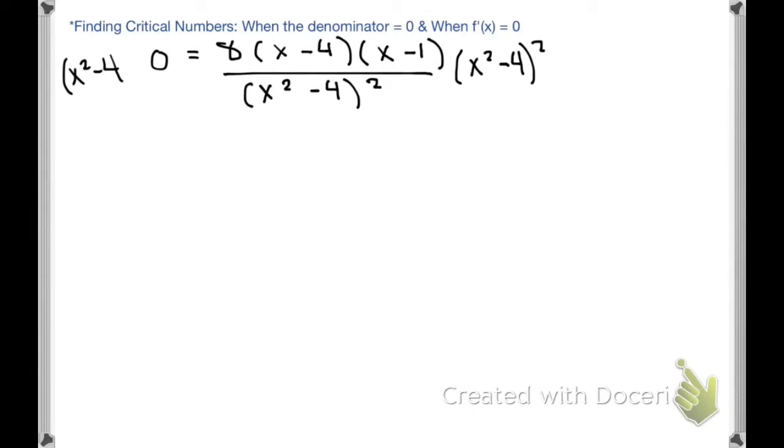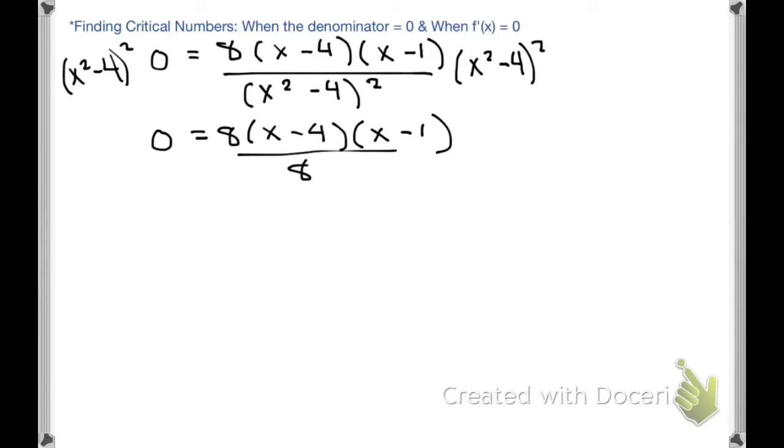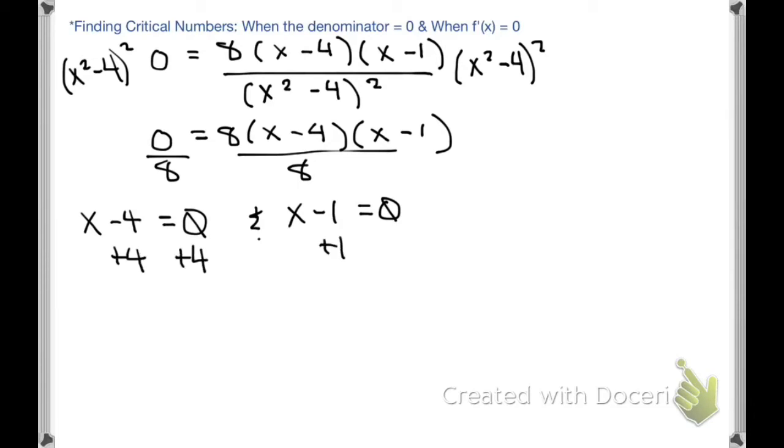And that's just going to give us 0 is equal to 8 times x minus 4 times x minus 1. When we divide that by 8, we get x minus 4 is equal to 0 and x minus 1 is equal to 0. And that's just going to give us x values of 1 and 4 after we add 4 to both sides on one side and add 1 to both sides on the other side.